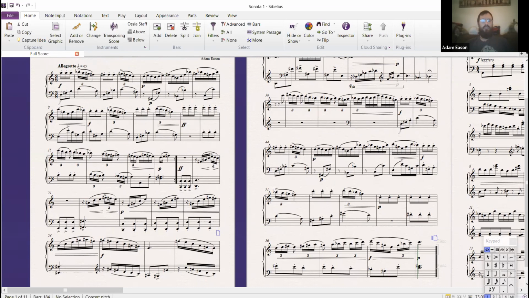When I wrote this, I said, okay, I'm going to assume the rules of traditional tonality are in place, but I ended up not following very closely to that.